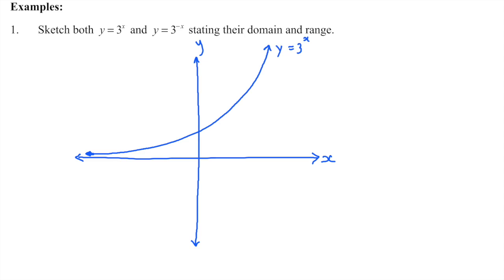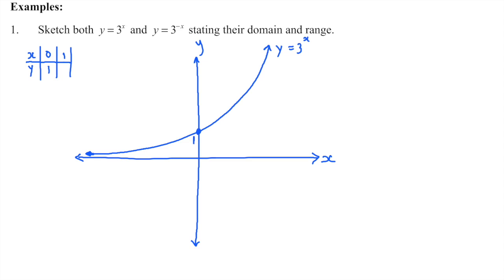Now what I'm going to do, and you can think about this too, is get at least 2 points. I know the basic shape. When x is 0, 3 to the power of 0, anything to the power of 0 is 1, so it goes through there at 1.